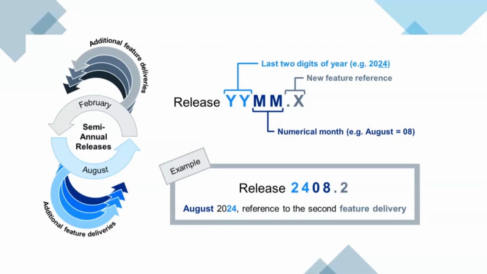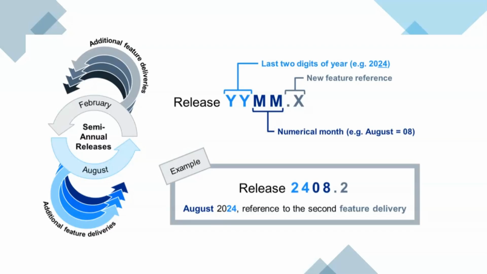Now, we all know that the first two digits of the release represent the year and the next two digits represent the month. By releasing new features as they are developed, our early adopter customers have the opportunity to turn on and try out the new features ahead of the next major release.